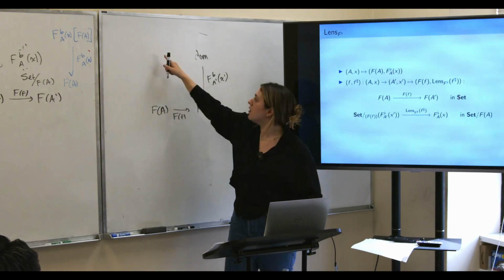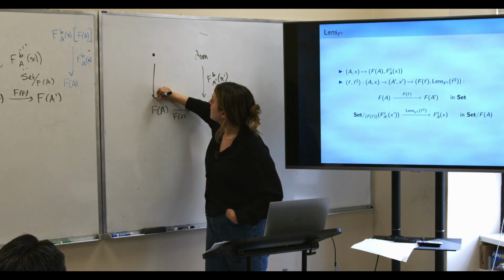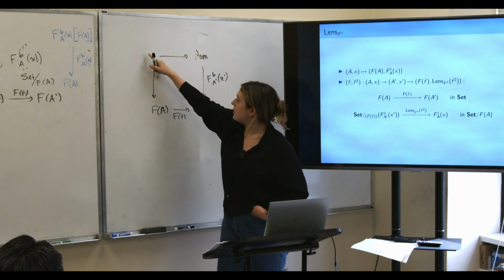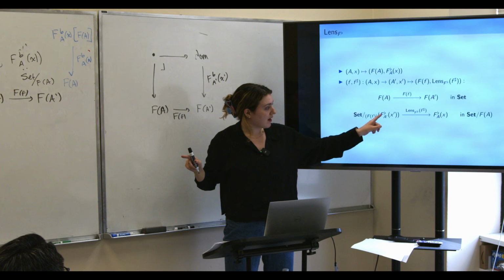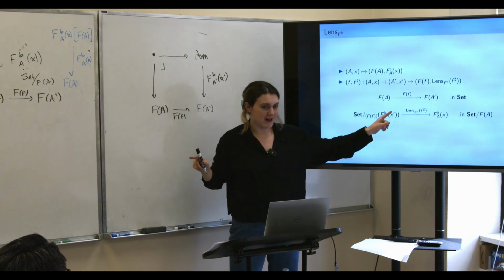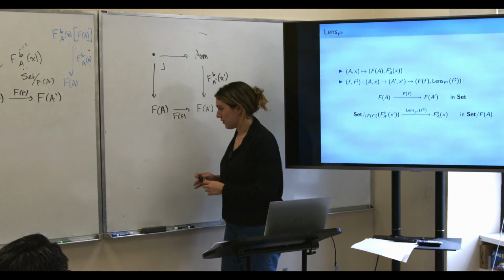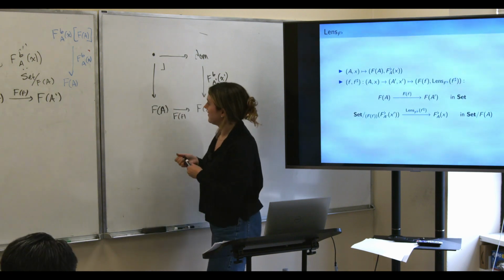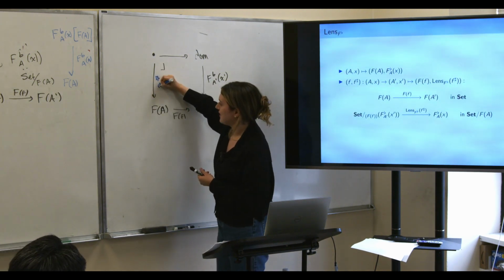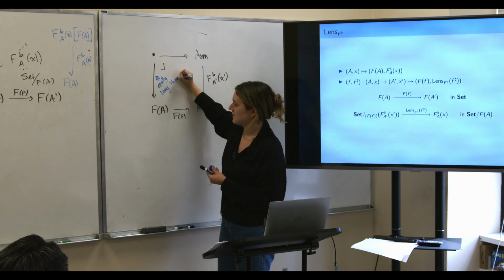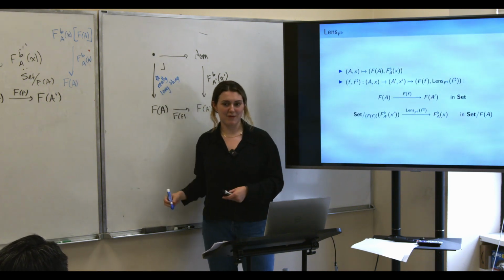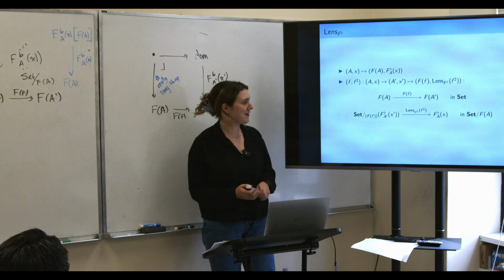So we take the pullback of this arrow here, which is Set sliced over F of f, F flat of A prime, X prime. So this arrow here is a really long thing. You don't really save any time by writing really long thing, but you get a little joke in.